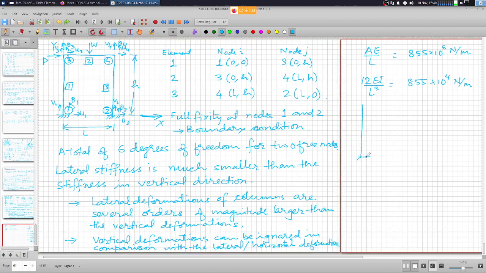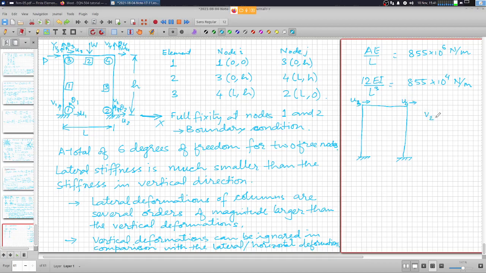But even in that case, the joint rotations are going to be much smaller than the horizontal deformation. So then that leaves us with only 2 degrees of freedom, U3 and U4.